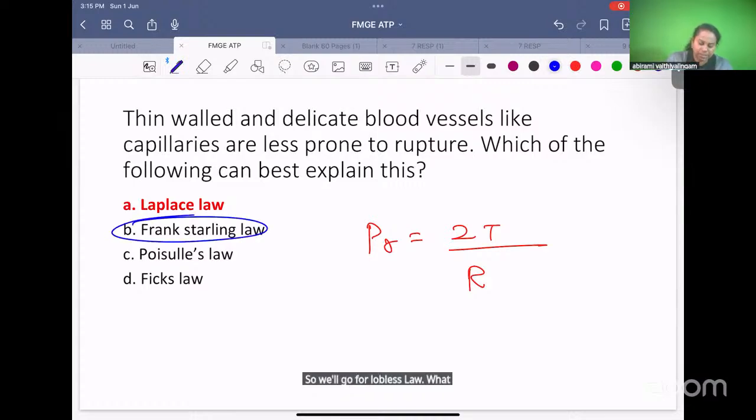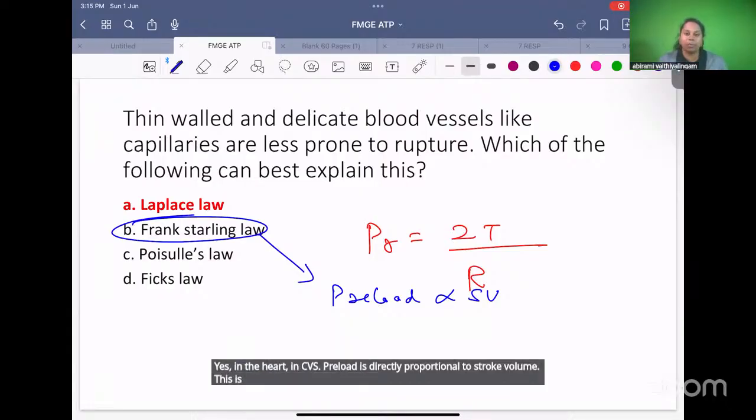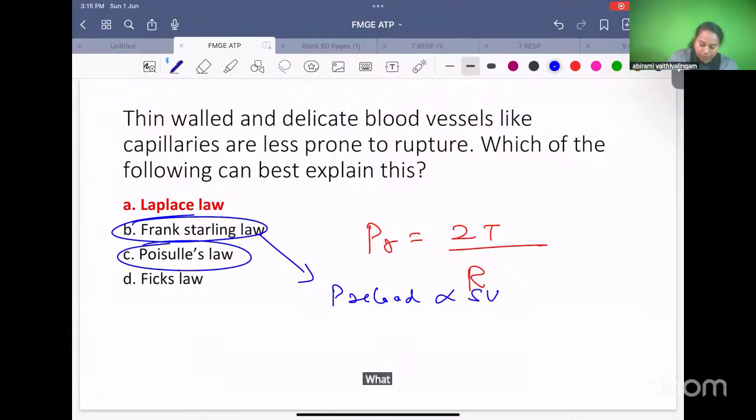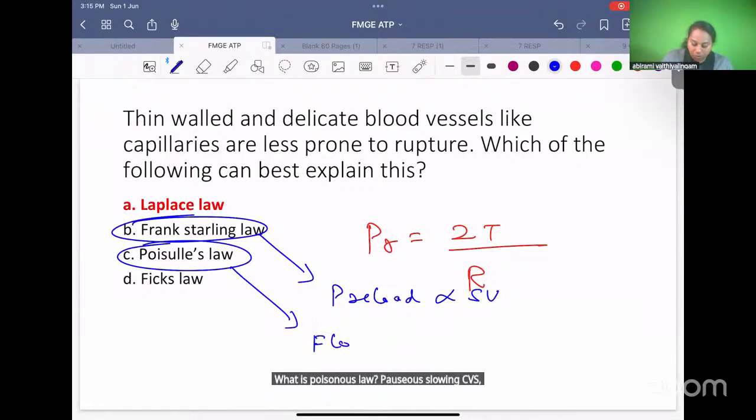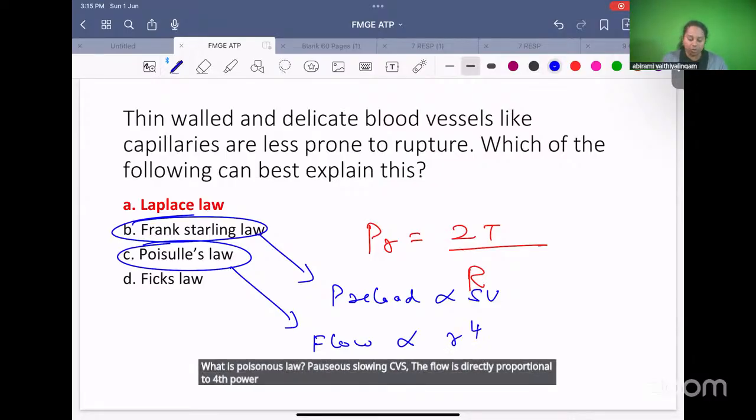What is Frank-Starling's law? This is for the heart, in CVS. Preload is directly proportional to stroke volume. This is Frank-Starling's law. What is Poiseuille's law? In CVS, the flow is directly proportional to the fourth power of radius. This is Poiseuille's law.